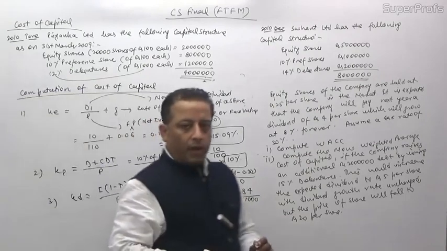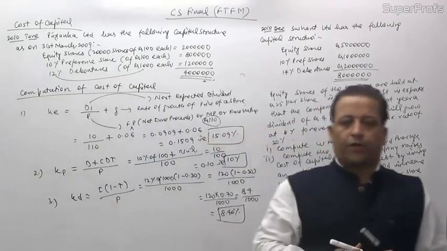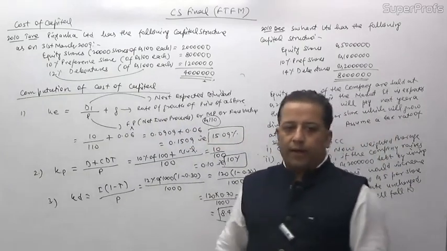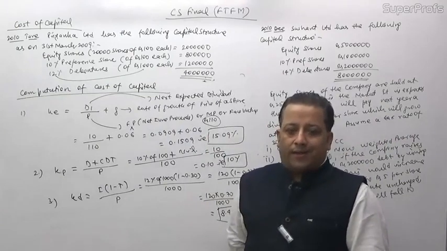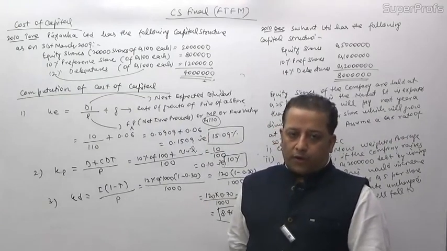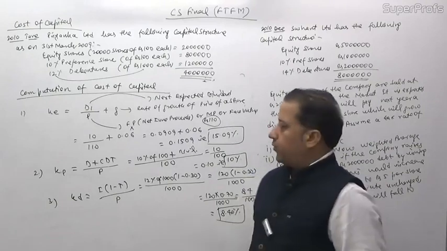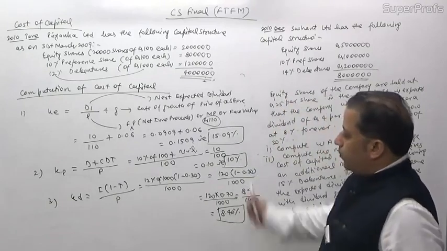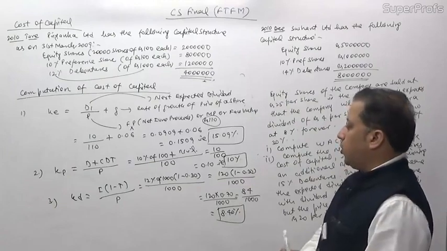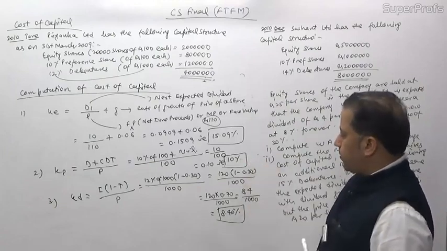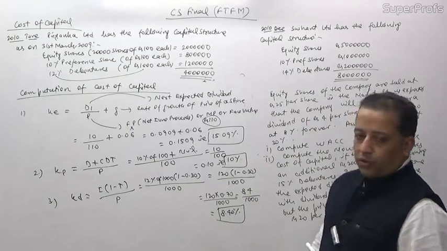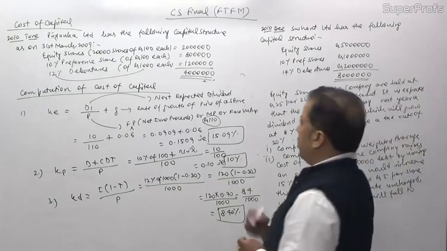So for the purpose of computation of weighted average cost of capital, I need to calculate the different cost of components of capital. The cost of equity amounts to 15.09%, the cost of preference share amounts to 10%, and the cost of debt amounts to 8.4%.